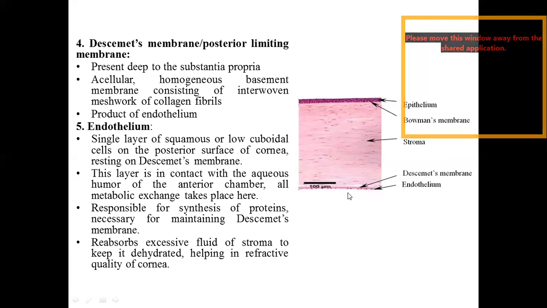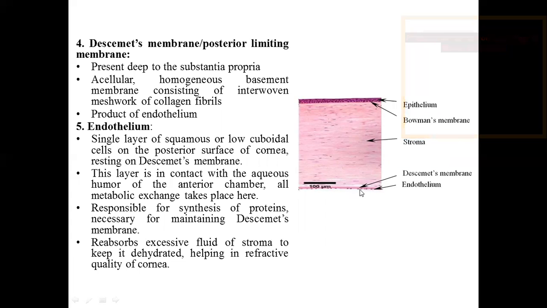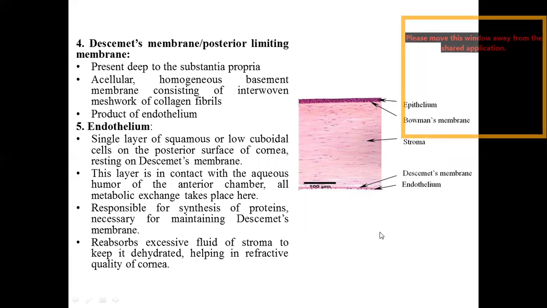It is a single layer of squamous or low cuboidal cells on the posterior aspect of the cornea. This rests on Descemet's membrane and is in contact with the aqueous humor, so all metabolic exchanges occur here. It is also responsible for synthesis of proteins required for maintaining Descemet's membrane.